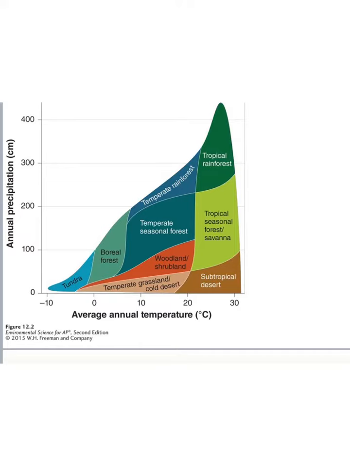Like the tundra and the boreal biomes generally exist where the average annual temperature is less than 5 degrees Celsius. I think it's 41 degrees Fahrenheit. And opposite of that, the temperate biomes exist in regions that experience annual temperatures between 5 and 20, more the temperate climates, and then 20 plus, we're talking tropical.